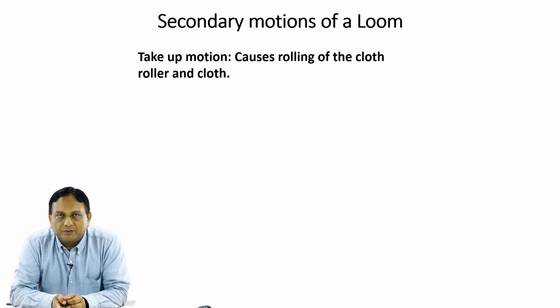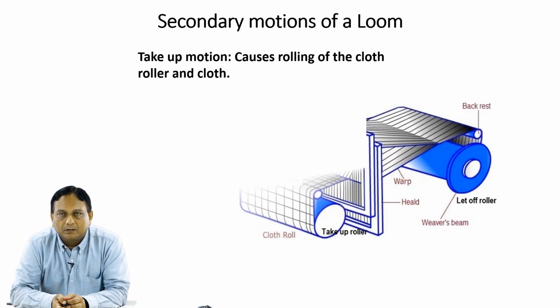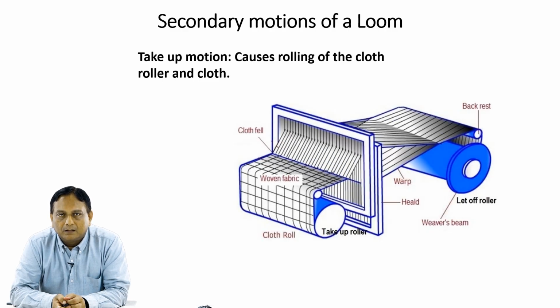Now the take-up motion: it causes rolling of the cloth onto the cloth roller. As can be seen here, the cloth roller is there.